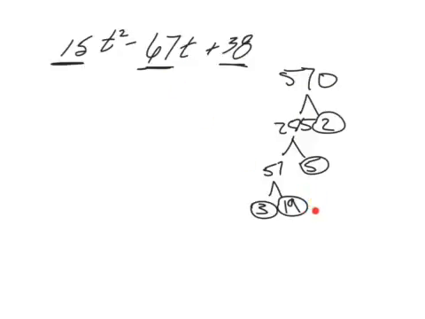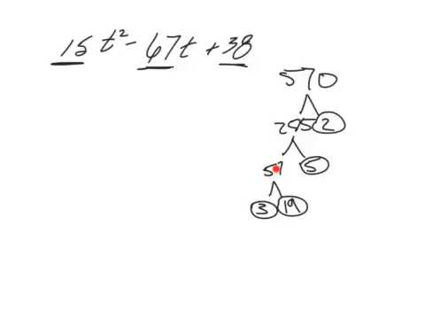So our products that will give us 570 are going to be any combination of the multiplication of these. So since we broke it down into a factor tree, we can take 19 times 3 and get 57.